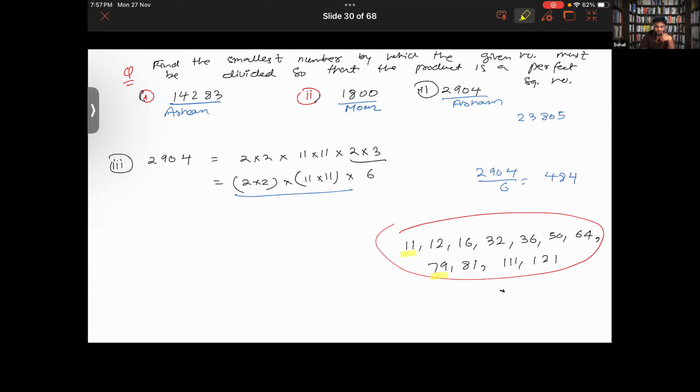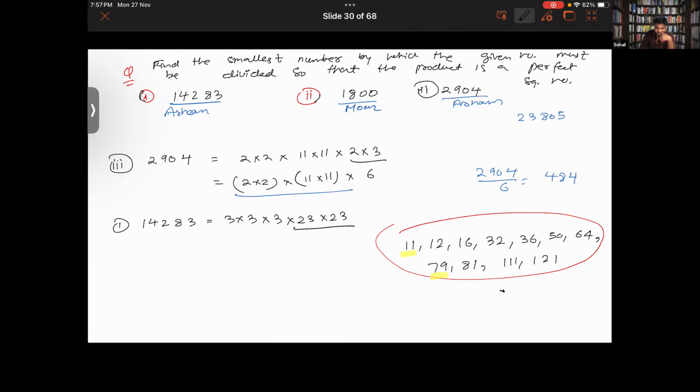Okay. Now, going back, what value have you got? So we have to divide by 3 to make it a perfect square. Okay. First of all, tell me the prime factorization of it. So 3 into 3 into 3 into 23 into 23. Okay.